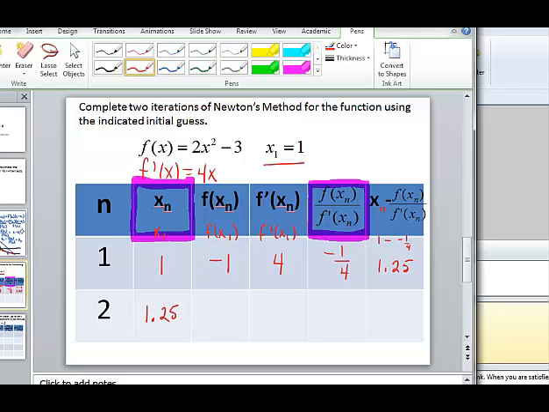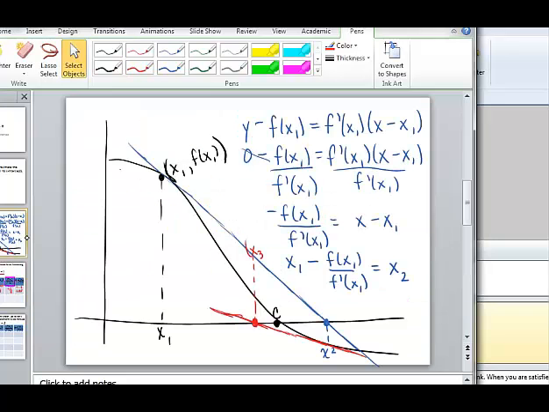Let's refer back to the explanation of Newton's method. When I first started out, I gave an initial guess of 1, and then I would draw a tangent line to the curve using the equation of a line. I would then be able to figure out what this x value is, and I called it x sub 2.